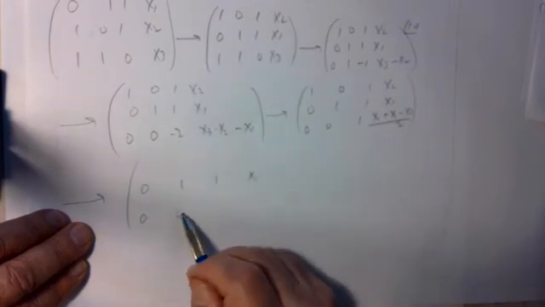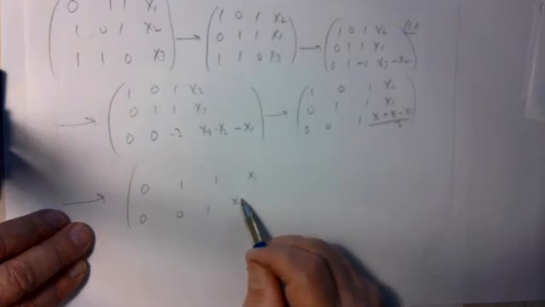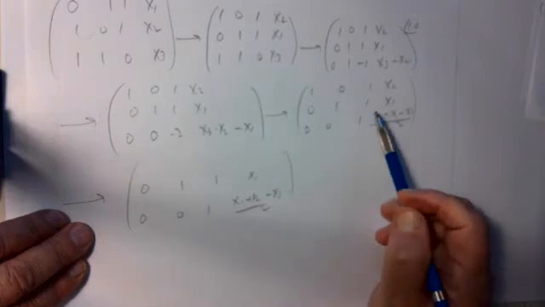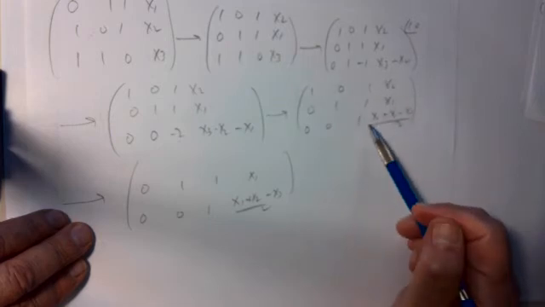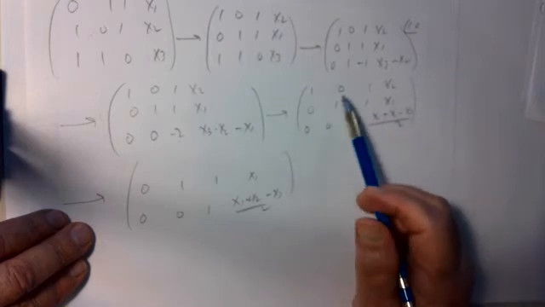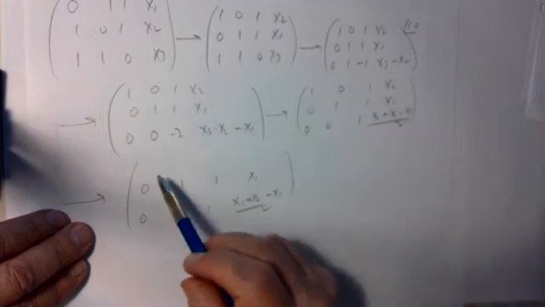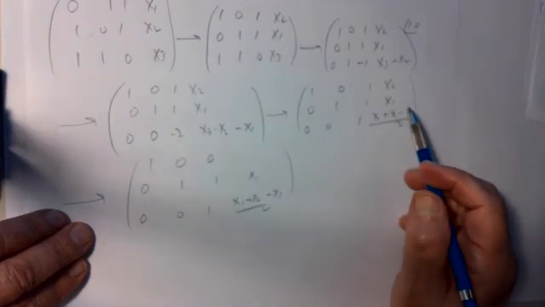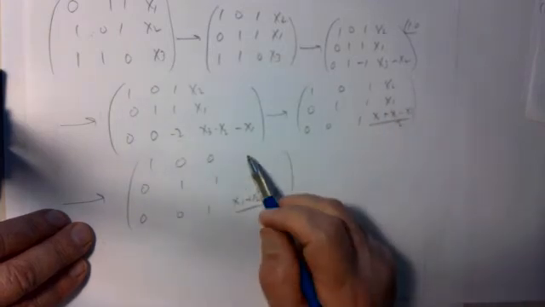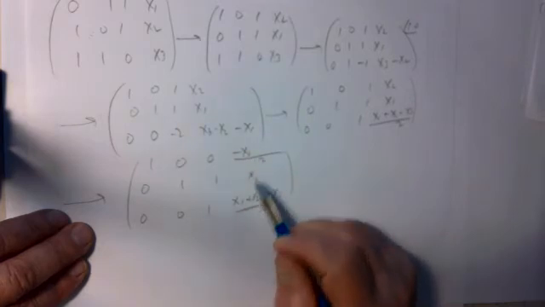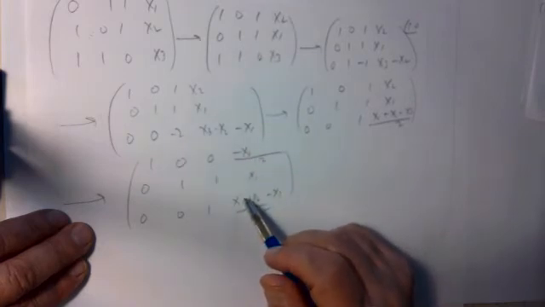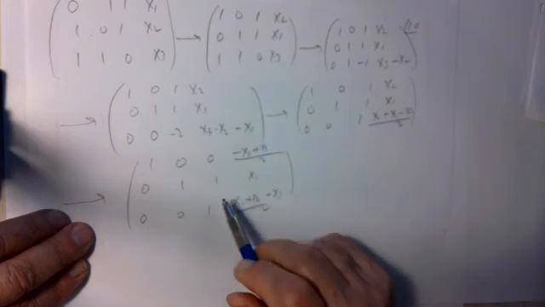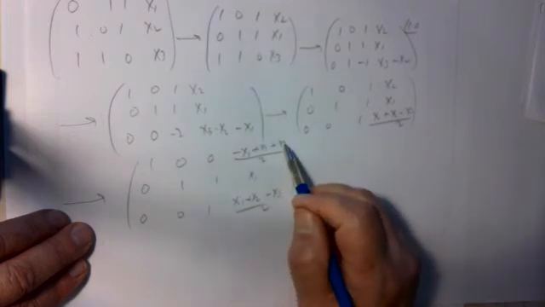The third row I'm not changing. But I take the first row minus the third. 1 minus 0, 0 minus 0, 1 minus 1, that's 1, 0, 0. And this minus this gives me minus x1 over 2 plus x2 over 2 plus x3 over 2.